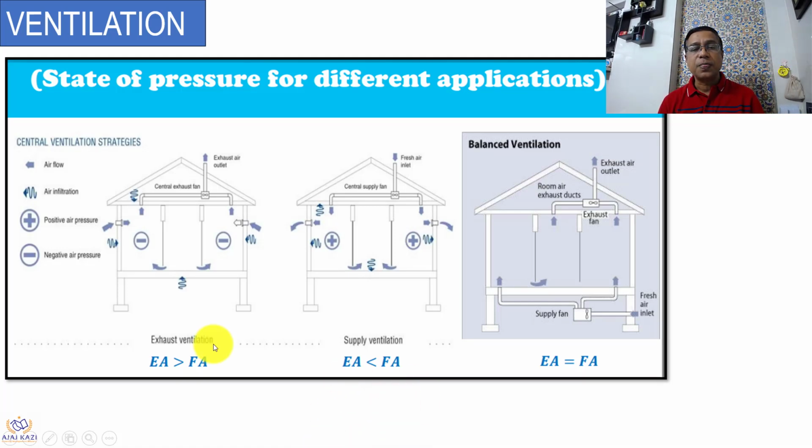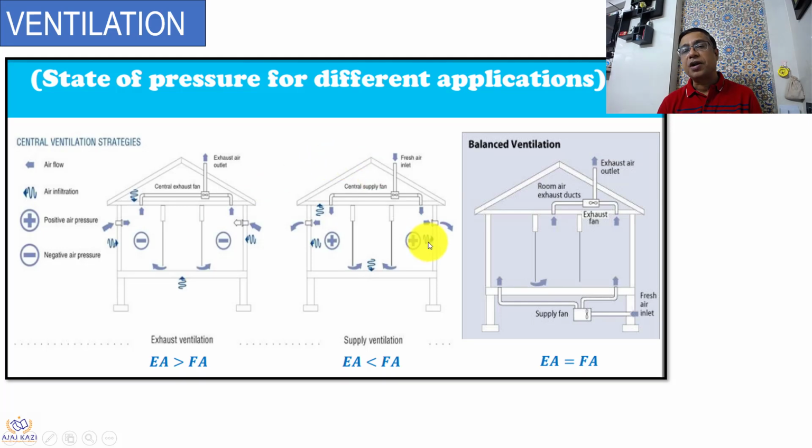In one case you have an extract or exhaust which is more, and you are maintaining a negative pressure. You take less supply and more exhaust. Here you can see the supply comes in, exhaust is more than the supply, and you maintain negative pressure.